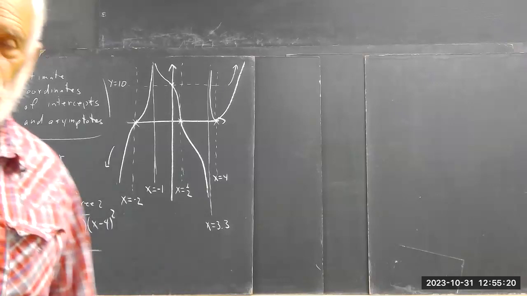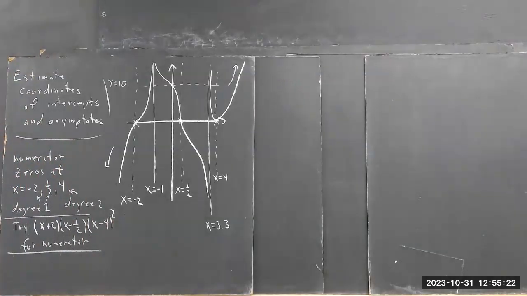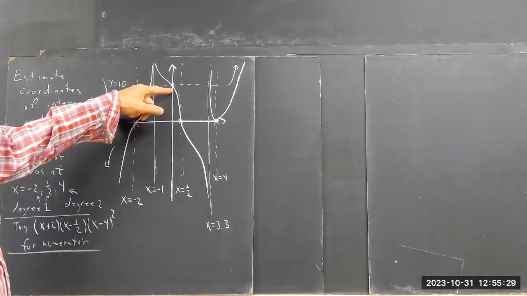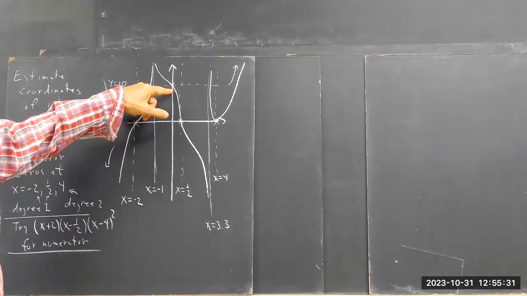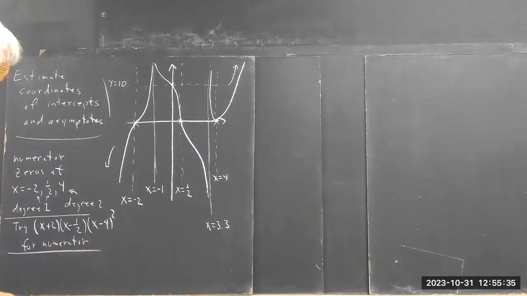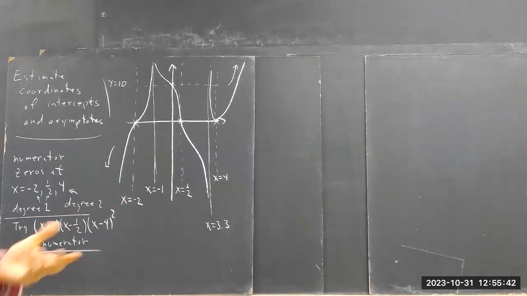When I say try, well, you're going to have a constant out in front because when you figure out your numerator and denominator and evaluate them at x equals 0, you're probably not going to get 10. So you got a constant in there, which is real easy to solve for. You gotta know how to do that for polynomials. It's no different for rational functions. The arithmetic's just a little different, but it's just arithmetic.